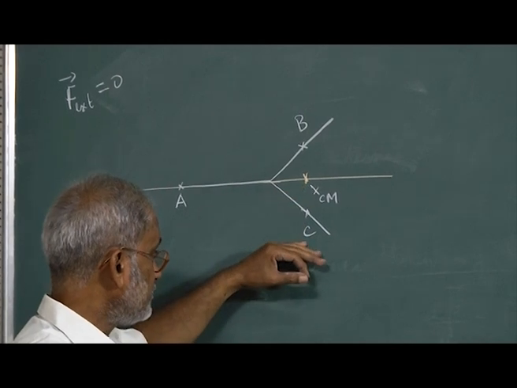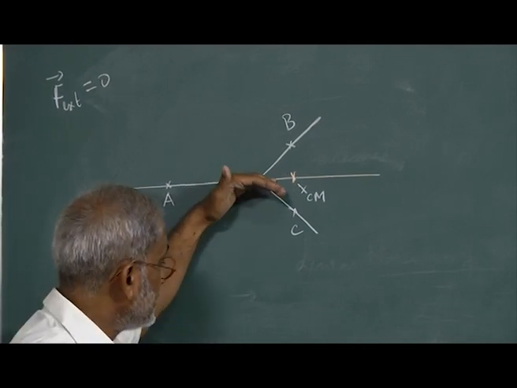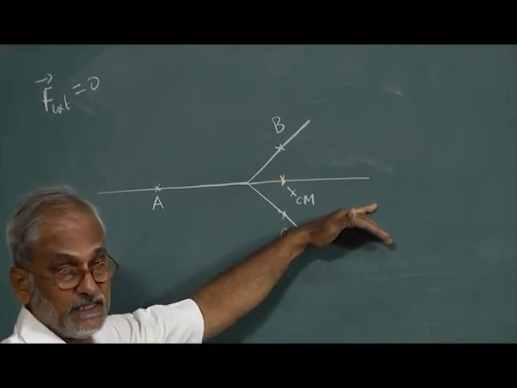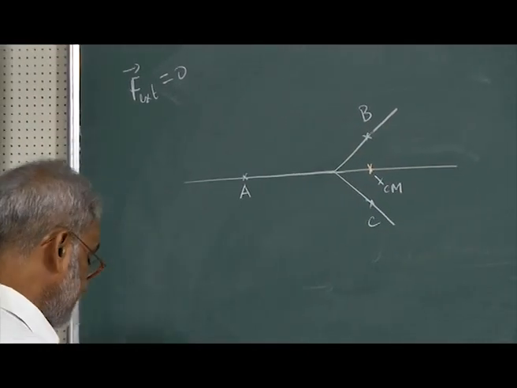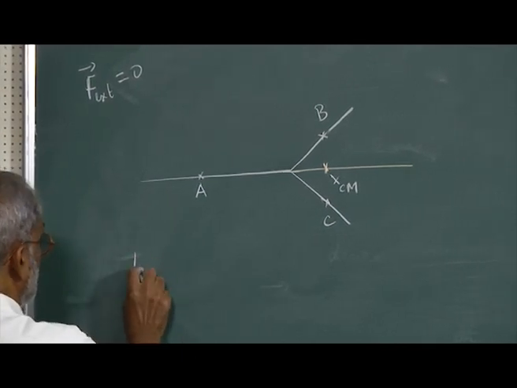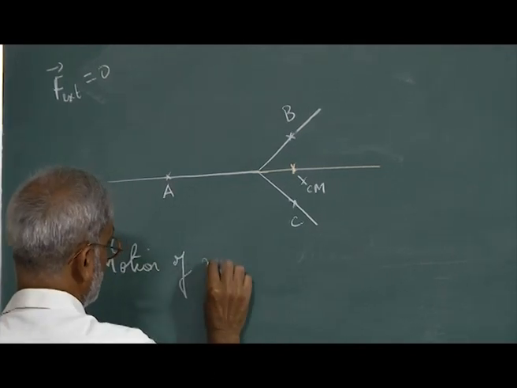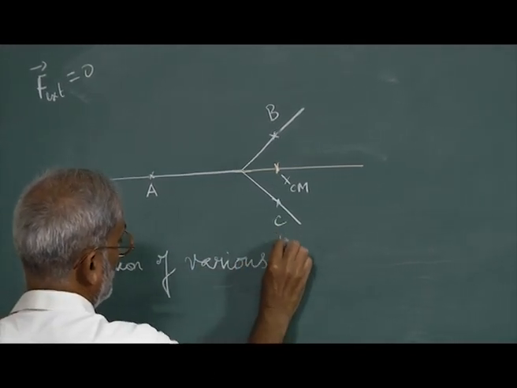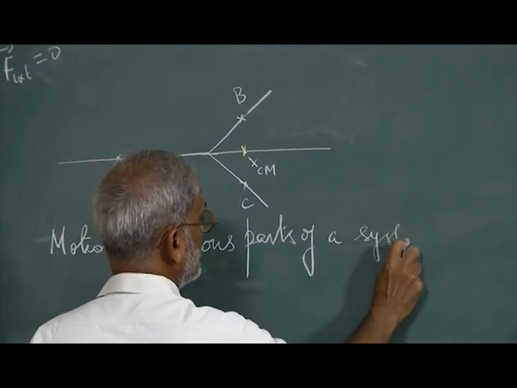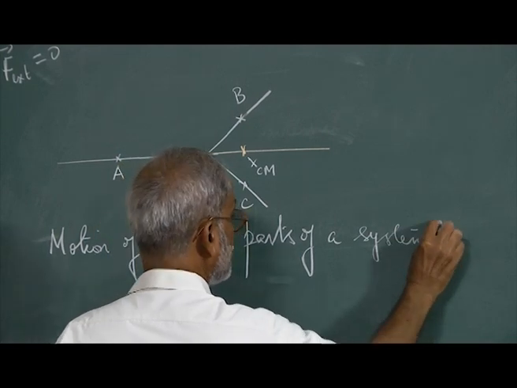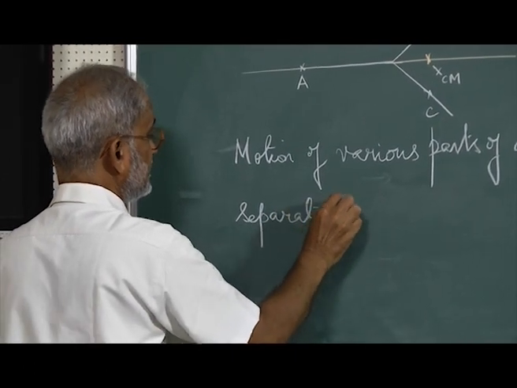So the motion of B and C can be studied in such a way that we consider the linear motion of the center of mass and the motion of B and C with respect to the center of mass. This is what you call the motion of various parts of a system. In technical language you use the word separated, that means it is split.